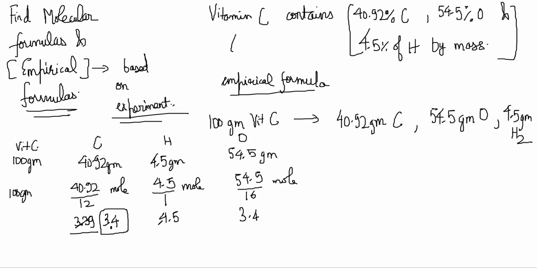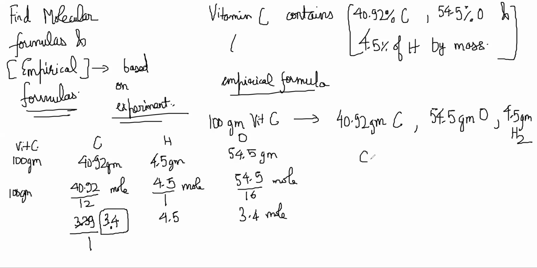This is close to 3.4, right? So you get this. Now the problem is that this is 3.4, 3.4, and this is 4.5, right? So if you divide by the lowest one, you're getting 1. So we are trying to get the ratio of C, H, and O, okay?